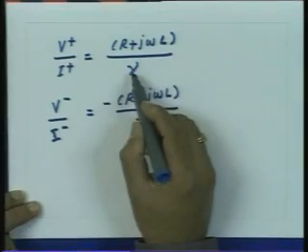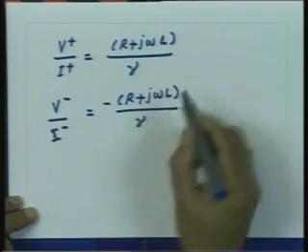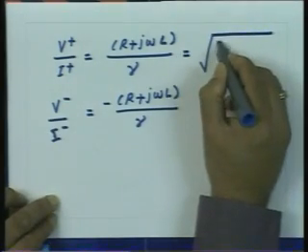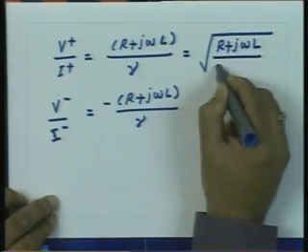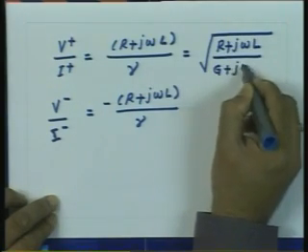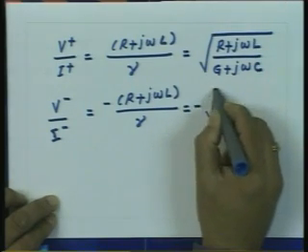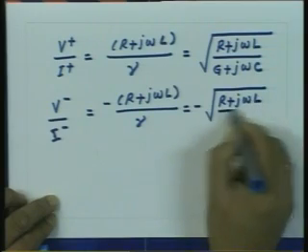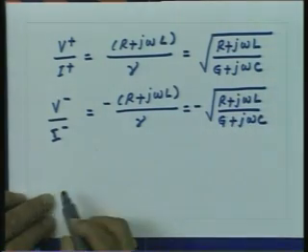Substituting for gamma, which is the square root of (r plus j omega L) into (g plus j omega c), this will be equal to the square root of (r plus j omega L) divided by (g plus j omega c), and this will be equal to minus the square root of (r plus j omega L) divided by (g plus j omega c).